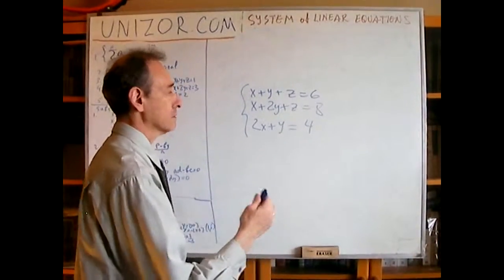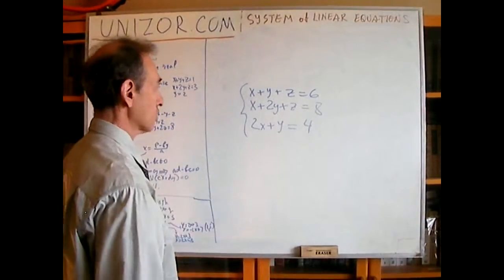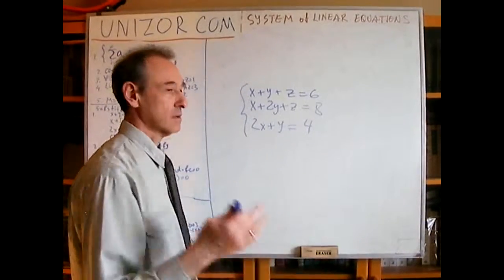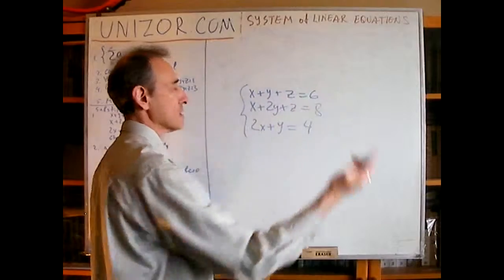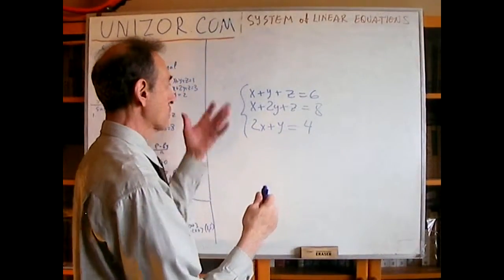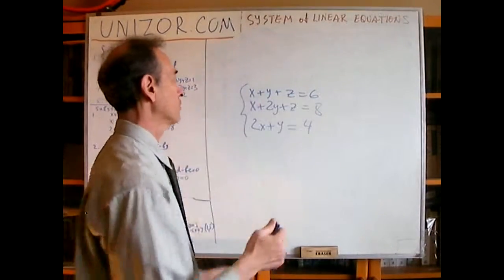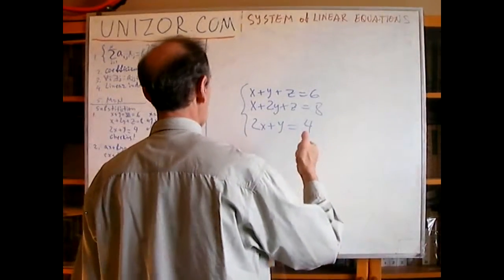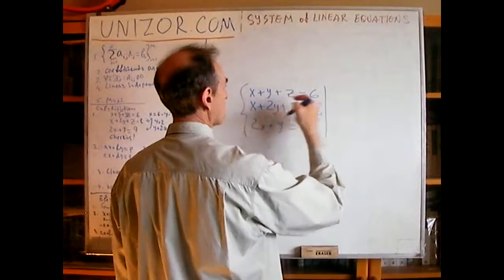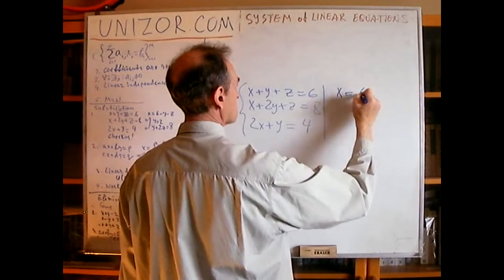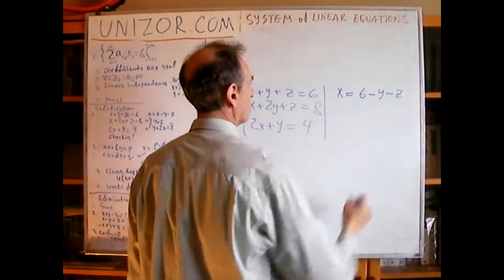Now, how to get the solution to this particular system? Well, again, the method is extremely simple. First, we use one equation, let's say the first one, and we express one of the variables in terms of the other variables. So, in this particular case, we can derive that x is equal to 6 minus y minus z.